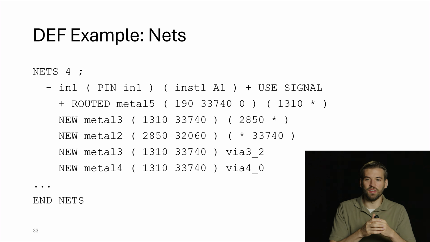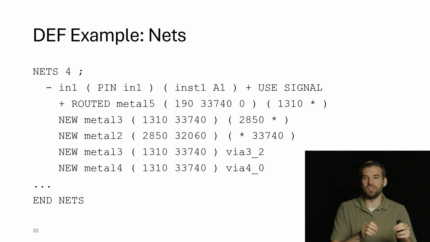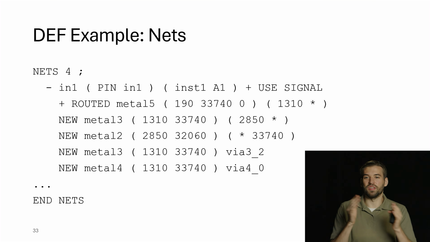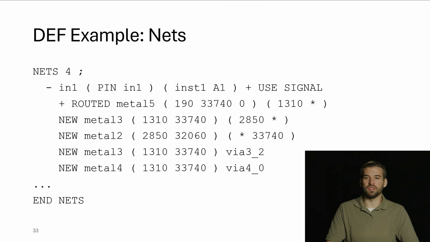A little bit of syntax to note is that you may see some asterisks or stars here, and that's a special way of noting that that coordinate matches the previous coordinate that was specified. So if, for example, you have a star in the y value, that means that y value was the same as the previous y value. And that's just to save a little bit of space when specifying things.